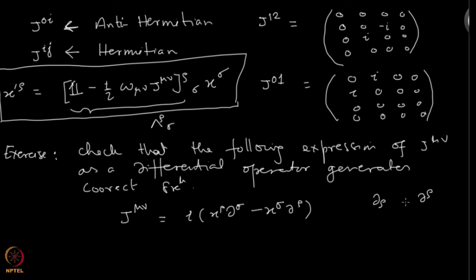Another thing is that del x mu over del x rho, that is what you should use. Because here you have one index up, you have to contract with eta mu nu to raise the index. If you use this, you will be able to show that this indeed reproduces the correct change in the coordinate x.